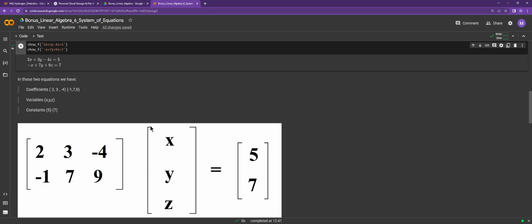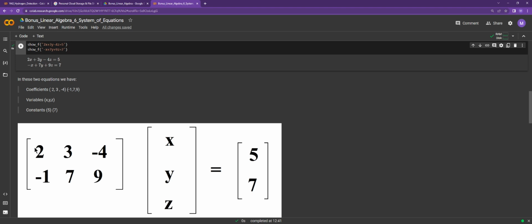And then we have a vertical vector represented by x and y and z. Just think what is going to be the dot product of these two matrices. If we were to do a dot product, it will be 2x plus 3y plus minus 4 times z, and that would equal 5.